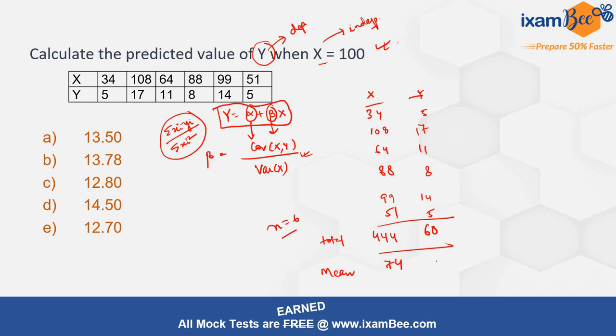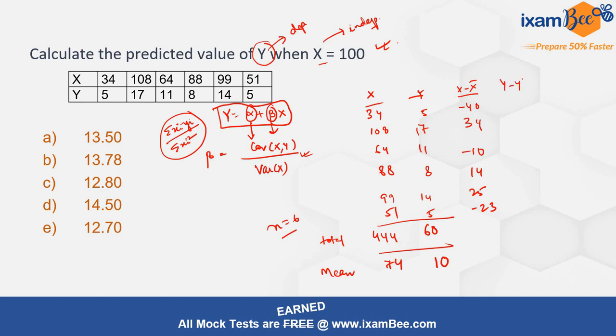And here the mean is going to be 10, 60 divided by 6. Now x minus x bar, that you need to calculate. x bar is 74, so subtract from each of these values, you will get minus 40, 34, minus 10, 14, 25 and minus 23.